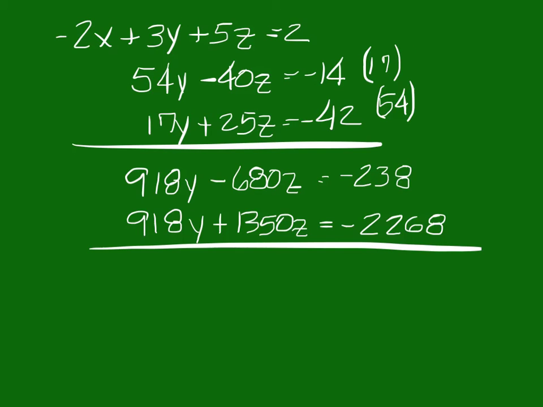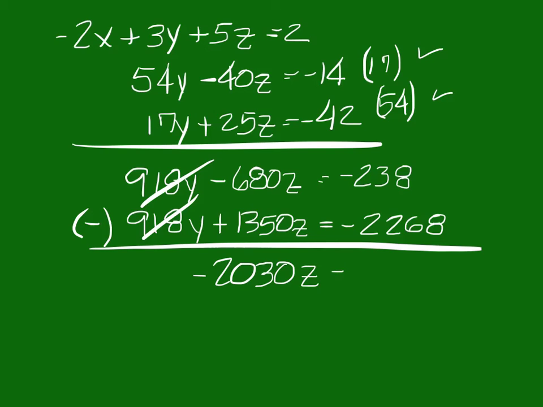Okay, so we multiplied here by 17, here by 54, and came up with signs that are the same out here, so they cancel out. Then you're going to need a negative 680 minus 1350, and you should come up with a negative 2030, and then negative 238 plus 2268.